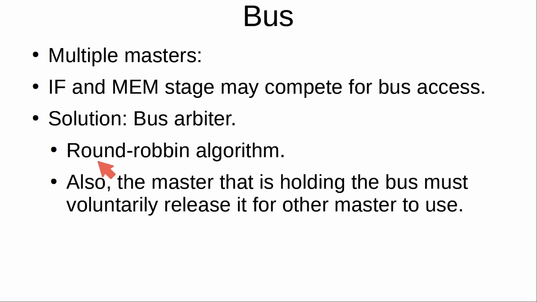This bus arbiter uses the round-robin algorithm to determine which of the masters should take turn to get the access to the bus. And also, the master that is holding the bus must voluntarily release it for the other master to use.